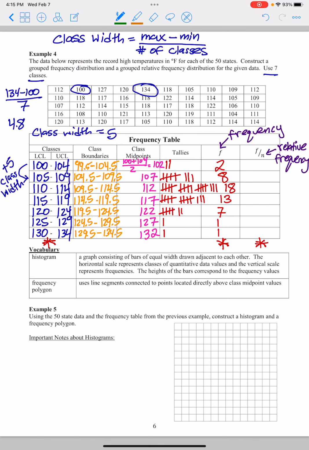So our frequency for the first class was 2, and we have 50 items. 2 divided by 50 is 0.04. 8 divided by 50 is 0.16. 18 divided by 50 is 0.36. 13 divided by 50 is 0.26. 7 divided by 50 is 0.14. And 1 divided by 50 is 0.02.